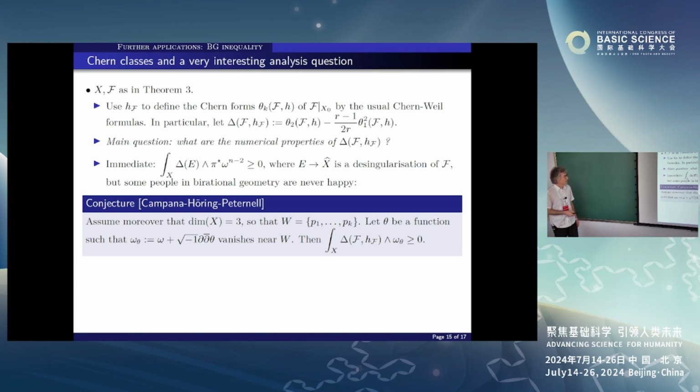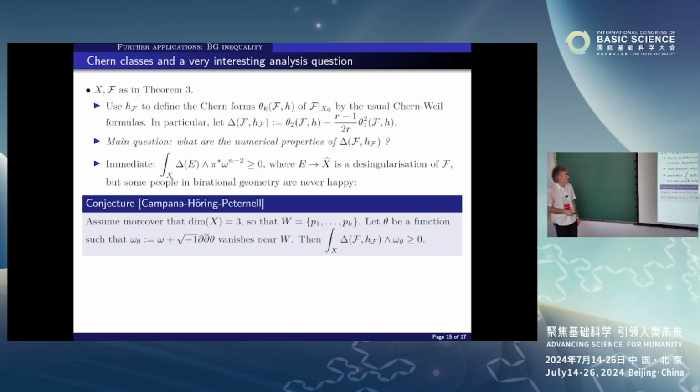And then consider some function, let's say theta, for which this one form, omega plus the Hessian of theta, vanishes near W. Then this omega theta here, so this integral, makes perfect sense. And the conjecture was that this is semi-positive, right? So this was the analog of the Bogomolov-Gieseker inequality, or the analog of Kobayashi-Lübke in this context.